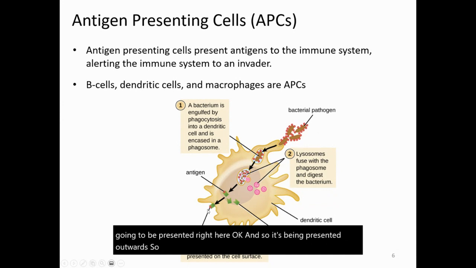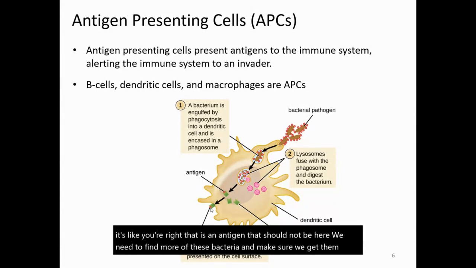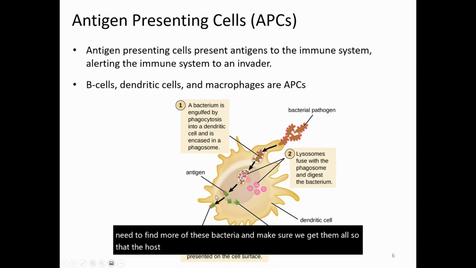So now the rest of the immune response can detect it. And it's like, uh-oh, you're right. That is an antigen. That should not be here. We need to find more of these bacteria and make sure we get them all so that the host, us, doesn't get too sick. So again, self versus non-self is going to be important.